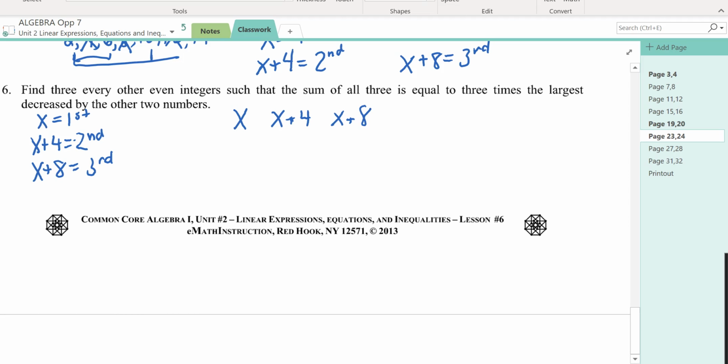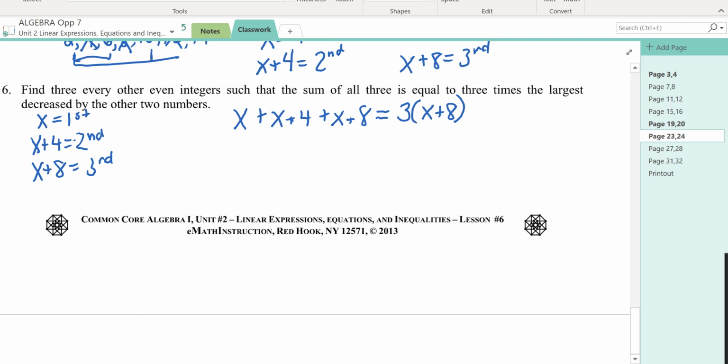What's the sum mean? Plus. Sum of all 3 is equal to 3 times the largest. Well, which one of those is the largest? The third one down, x plus 8. So 3 times my largest, x plus 8.